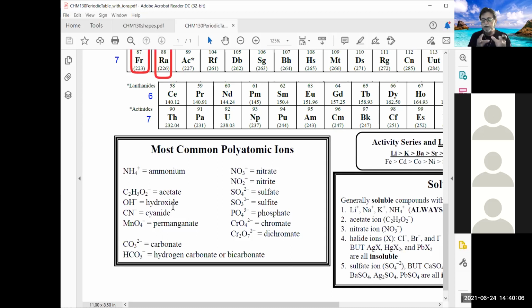Now, the thing about these little packets, if you need to use more than one, we don't separate them. They come together as a packet. Remember that. So the one NH4 plus, it stays together NH4 plus. If you look on the far right, you see NO3 with a minus.